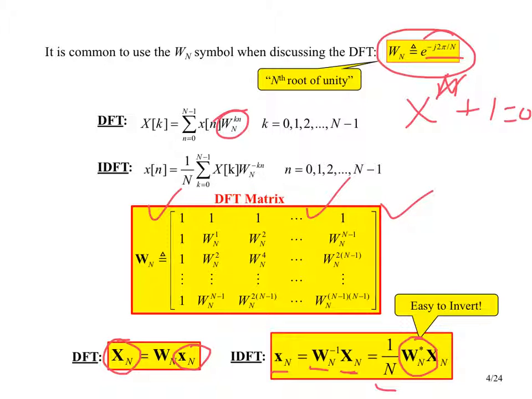So imagine drawing a line down the diagonal and then holding on to this corner and flipping it along that line. So now this becomes the first column, this becomes the second column. So you flip it, and then you also have to complex conjugate it.